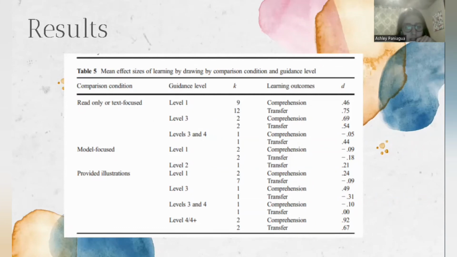As you can see, they're focusing on different learning outcomes like comprehension and transfer, and three different comparison conditions, which are read only or text focus, model focus, and provided illustrations.